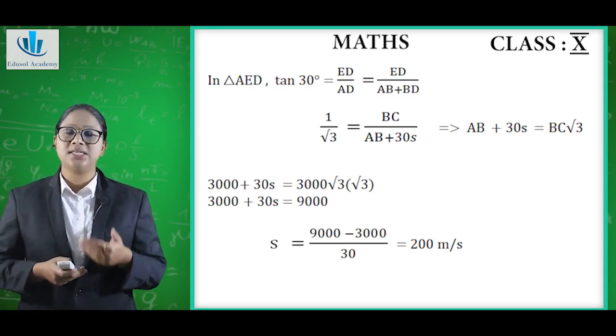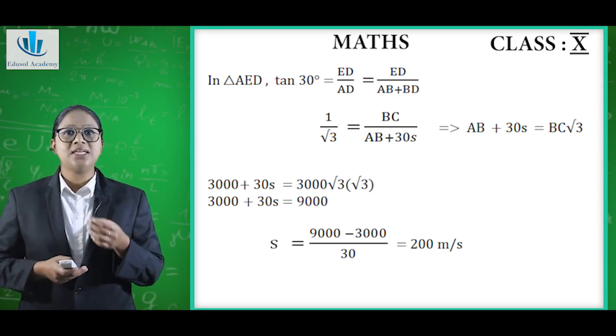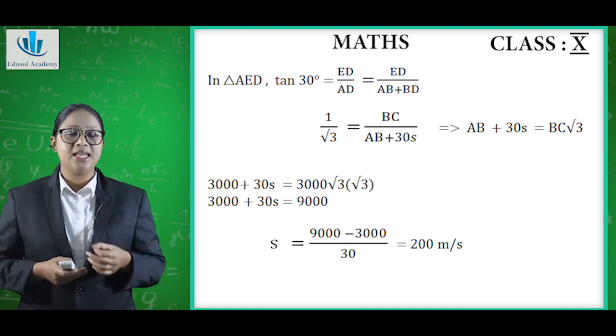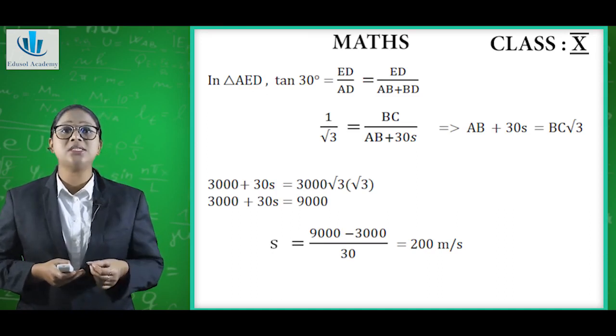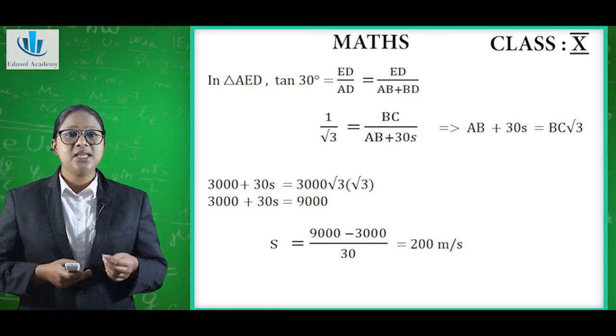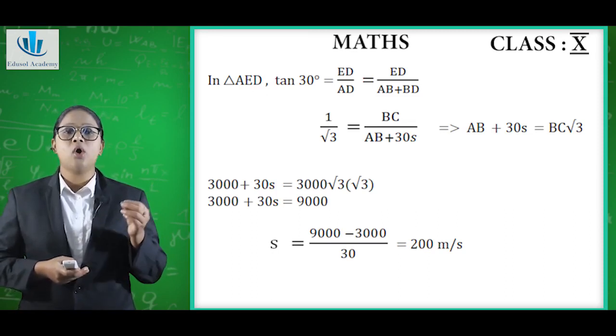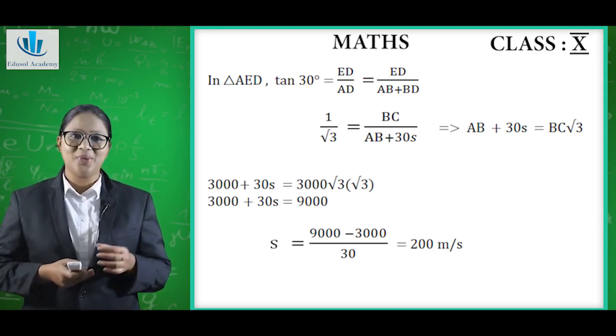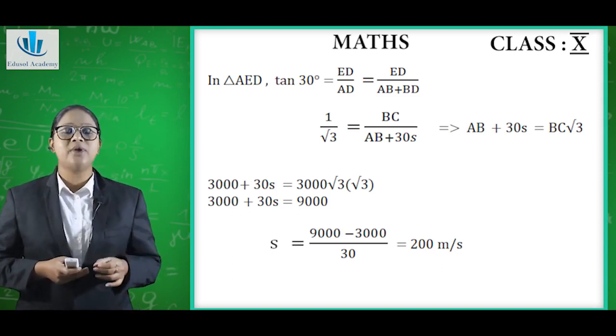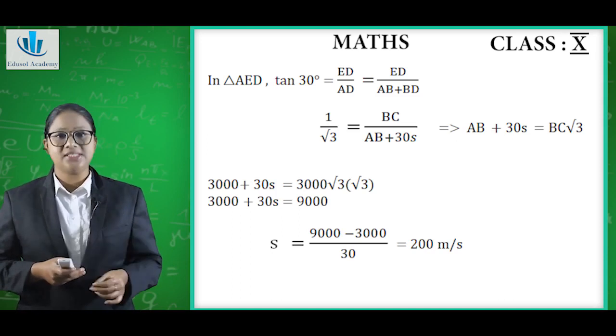That's how we got 30S. So 30S plus AB is equal to BC root 3. AB is equal to 3000, we got it from the first triangle, and BC is equal to 3000 root 3. Simplifying the equation, we will get S is equal to 200 meter per second.